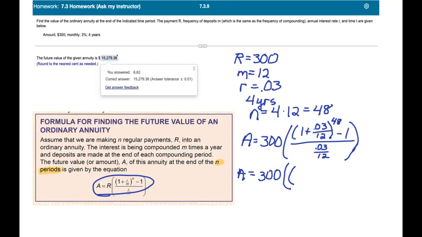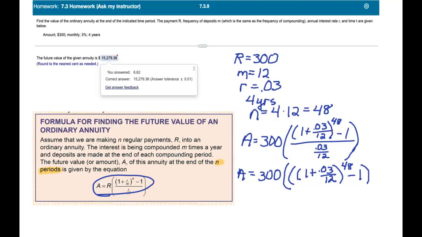And the numerator is this: 1 plus 0.03 divided by 12, all raised to the 48th power, minus 1. And then I'm going to close that off. That's my numerator. That's the top part of all of this.